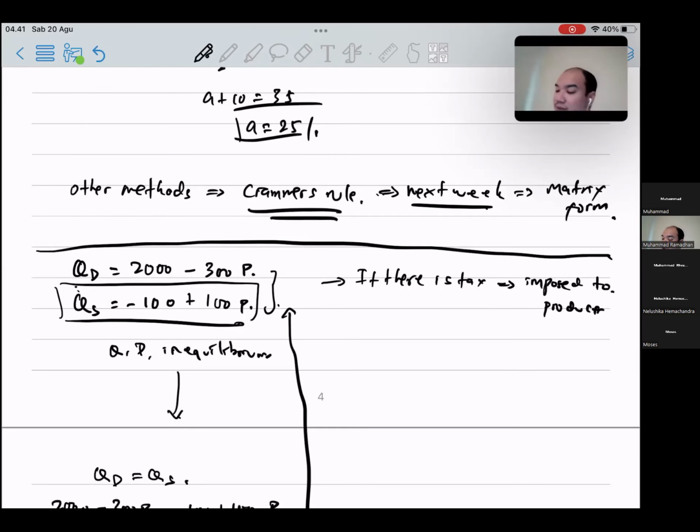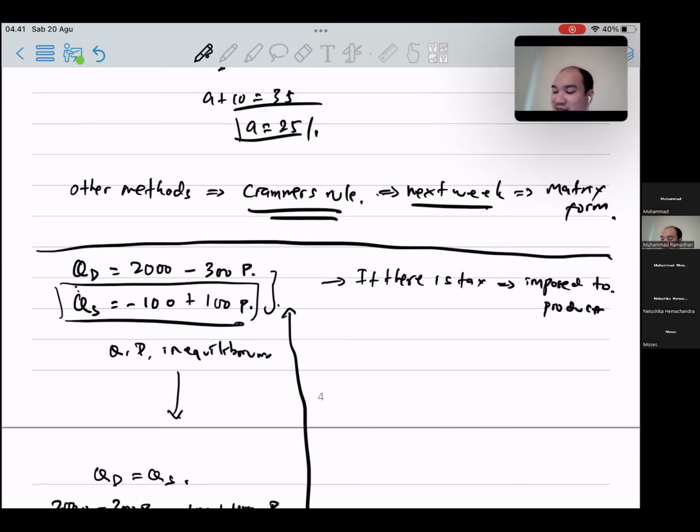Okay, so how to change the function? The characteristic of tax is that it will change the price. For example, if the price is 5 and there is a tax of $2, your after-tax price will be 7.